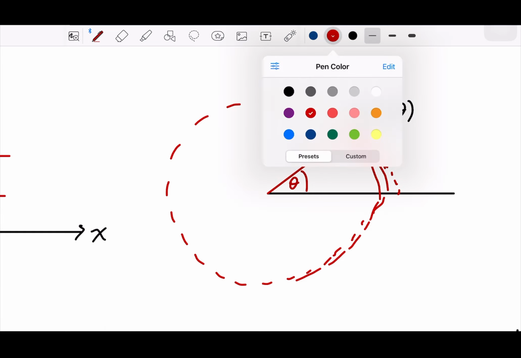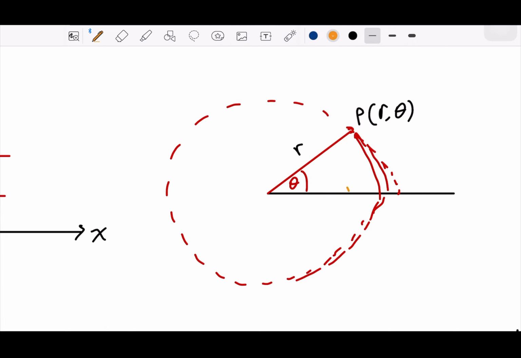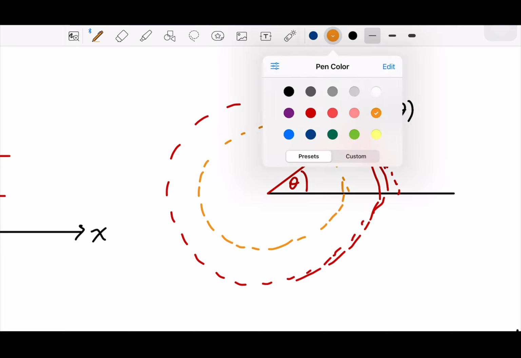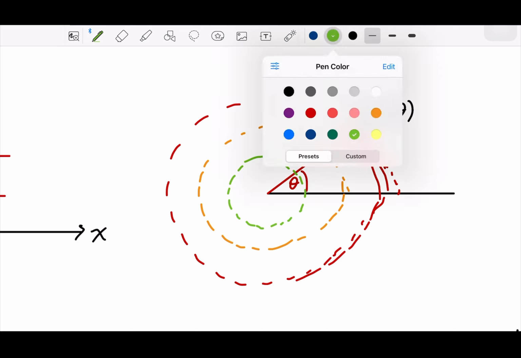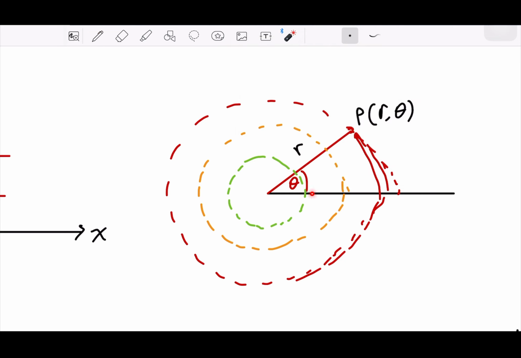If we take some time to check, and if we change all the radii with the same angle, you could see that they have a circular shape like that. And we could imagine that if we want to move our point like this, we change our radius, we change our measurement, and we could have all these possibilities of points in the polar system.